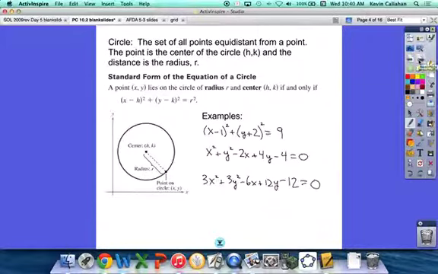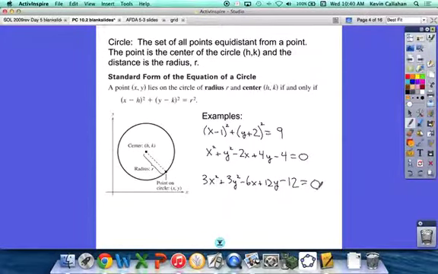Okay. So just to mention circles, the only reason we do circles at all right now is that at the very end, when we've done the other three shapes, we are asked to look at an equation in this form, where you've got an x squared term and a y squared term, an x to the first term and a y to the first term, and a constant, and it all equals 0.